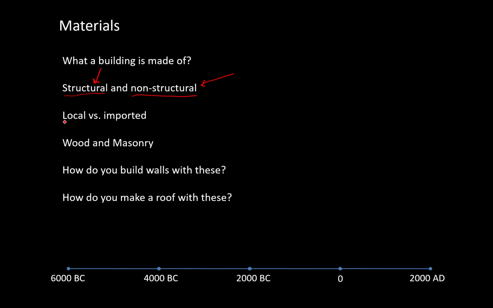We talked a little bit about local versus imported before. It's always important to be thinking in those terms when we're talking about materials. How do you build walls with these materials we've been talking about? Well, you can take stones and stack them on top of each other, find some glue to hold them together, and you can make walls.